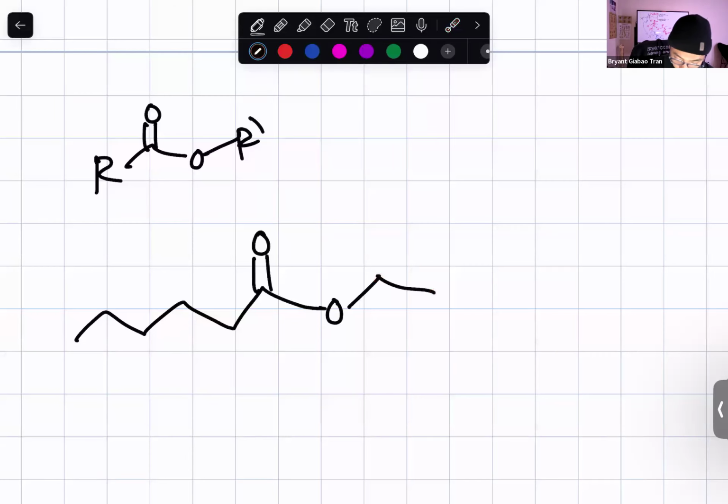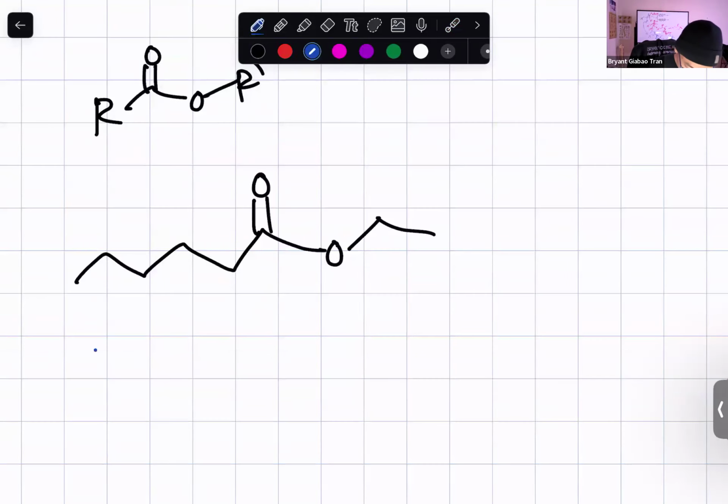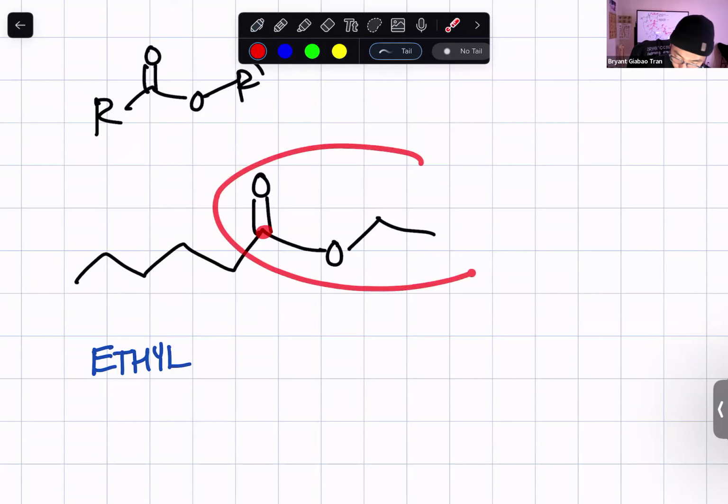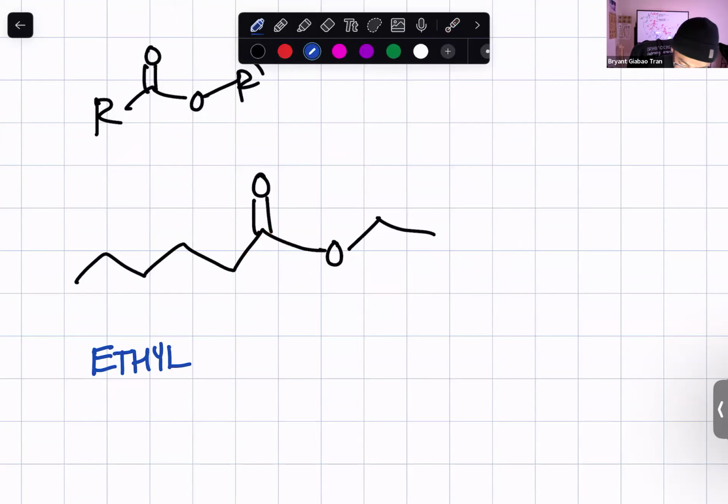So the first word of this nomenclature problem is ethyl. The number 1 atom is going to be the carbonyl carbon, which is almost always the case if the ester is the highest priority group. So that's going to be atom 1, 2, 3, 4, 5, 6.